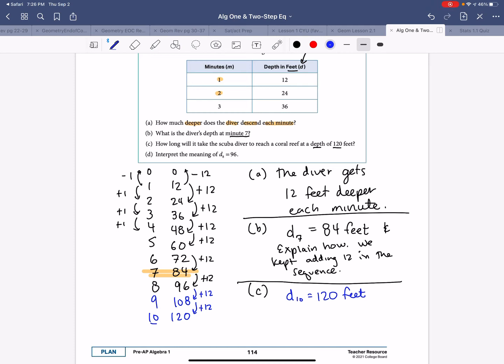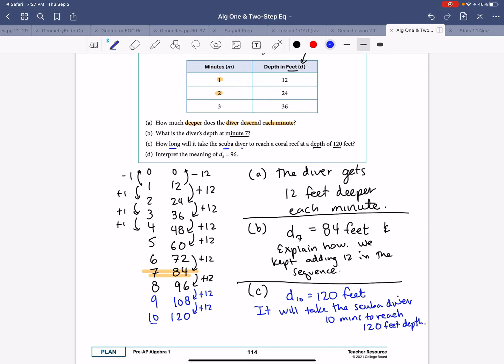So it says, how long will it take the scuba diver? We're going to answer the question the way it's asked. It will take the scuba diver 10 minutes to reach 120 feet depth.